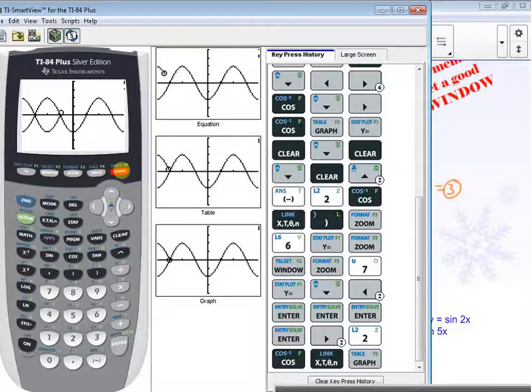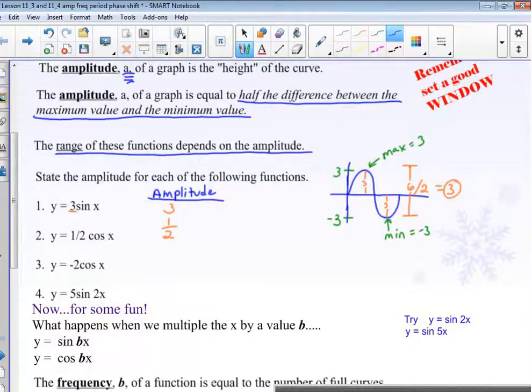Doesn't it look like the original cosine graph, but it's been reflected over the x-axis. So y equals -2 cosine x actually goes like this. Now remember, the original cosine graph started at 1. Actually, it would start at 2 in this instance, whereas this one starts at -2.